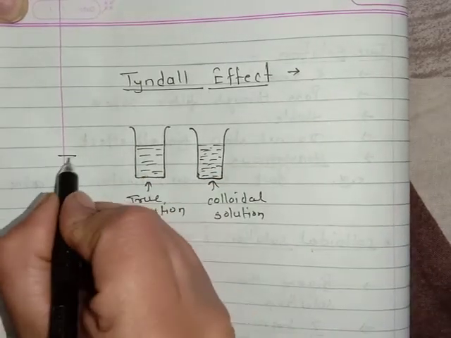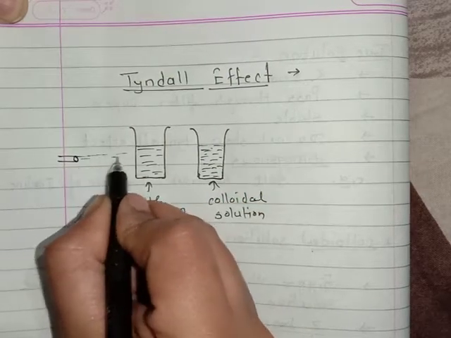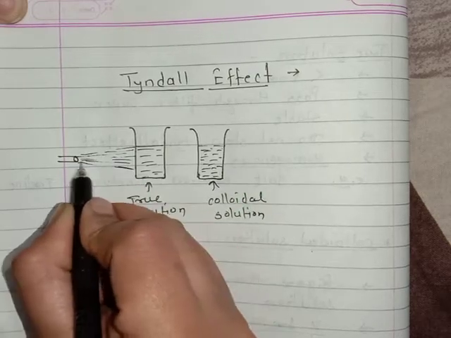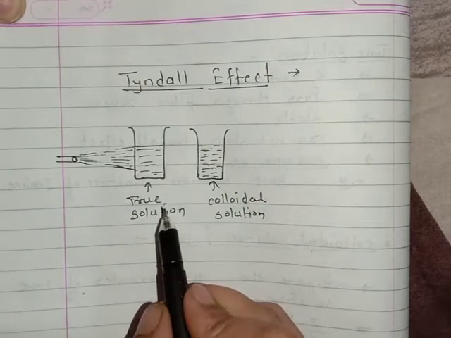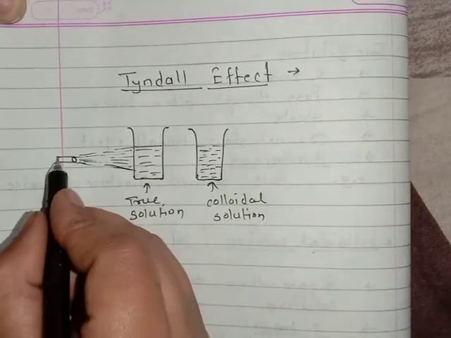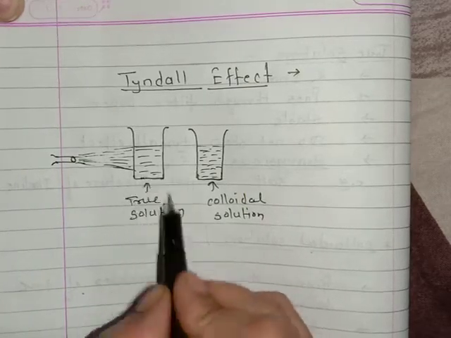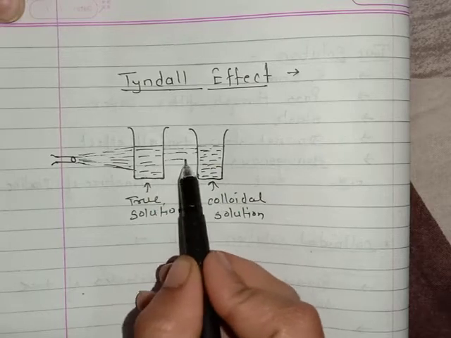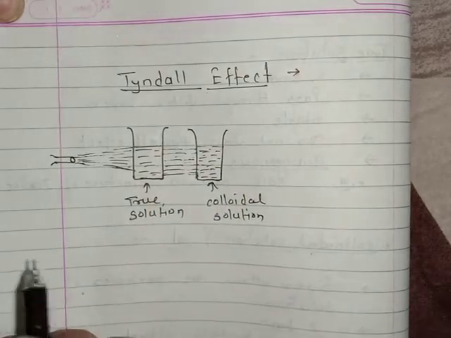So from the torch, student, when the light is passed, then true solution particles, children, are very small. So from the true solution the light can pass, because the particles are not bigger to scatter the beam of light.